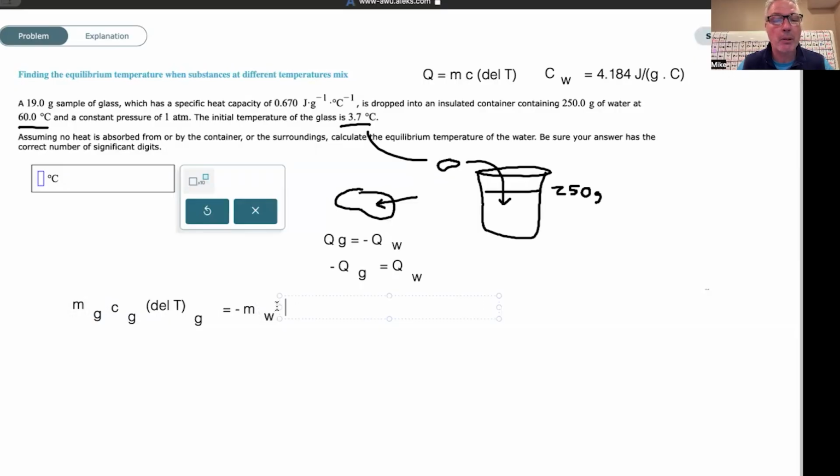Just setting this up symbolically so you can see this is the starting point of all these kinds of problems. Make sure we don't get our delta T's jacked up. After we plunk in the piece of glass, the water's T initial is going to be 60 degrees.